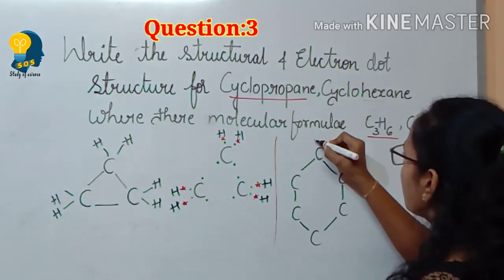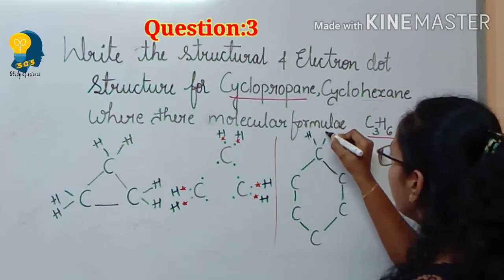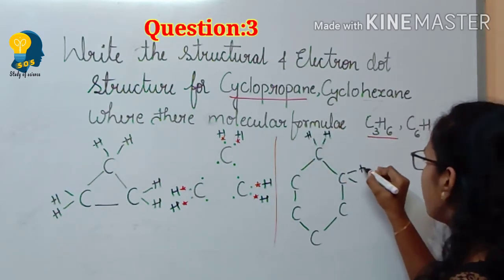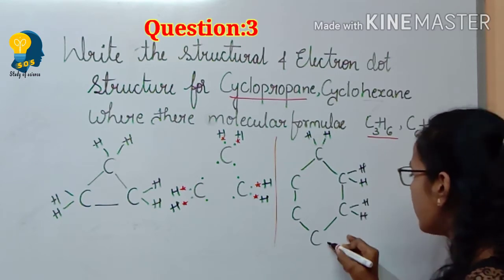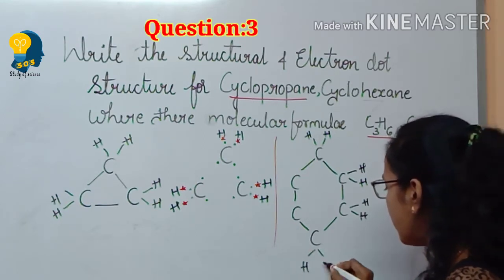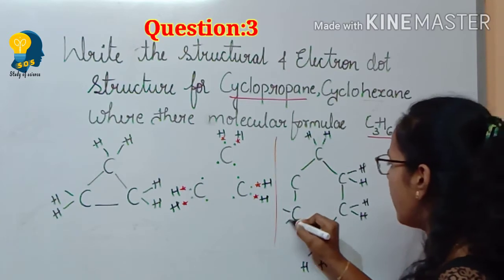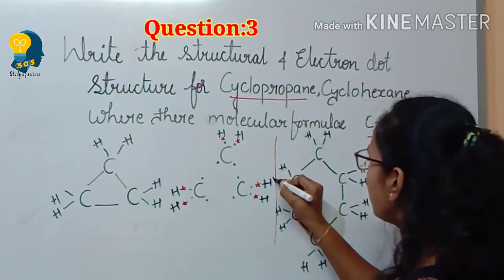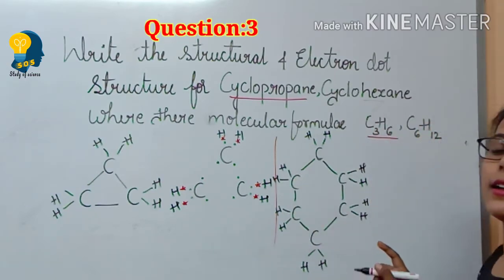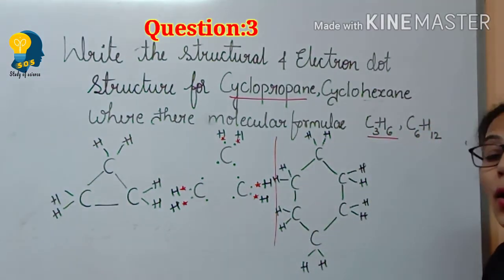Okay. So that is 1, 2, 3 and 4, 5 and 6, 7 and 8, 9 and 10 and 11 and 12. So this is the structural formula for cyclohexane.